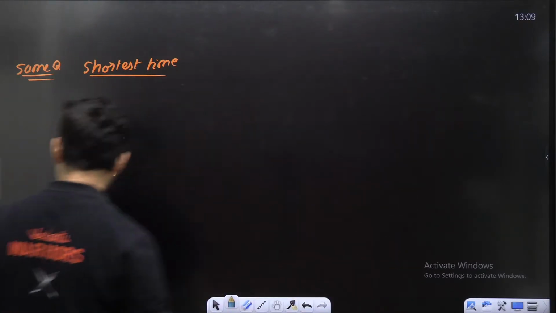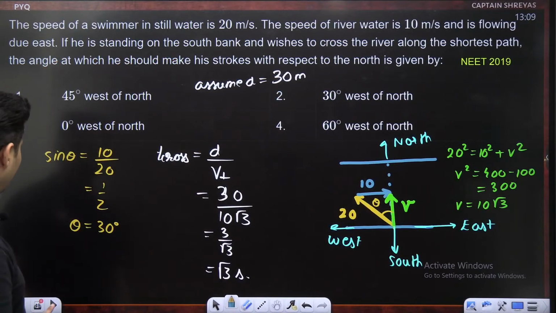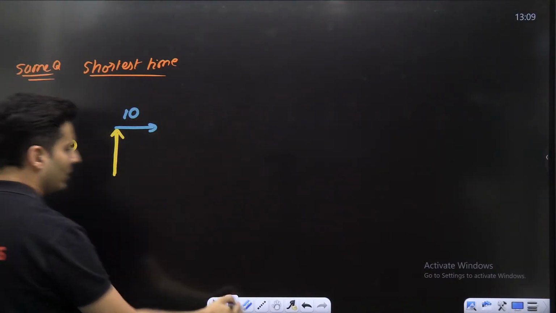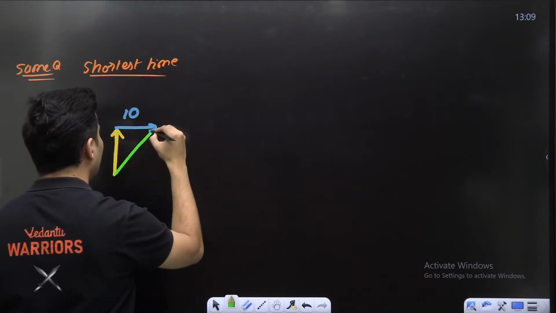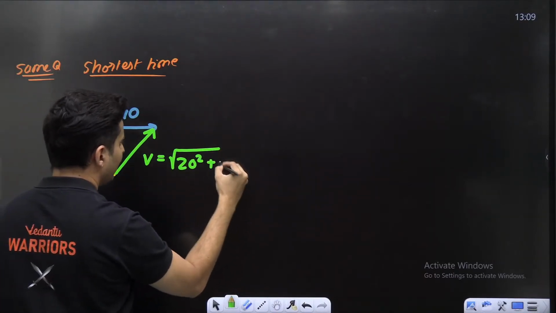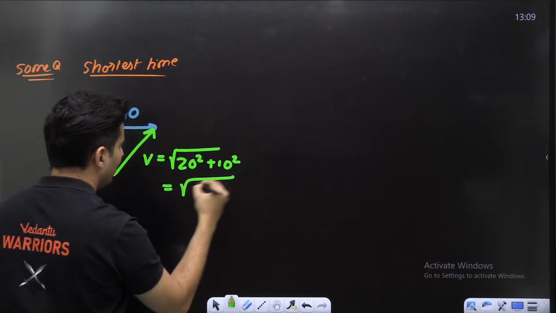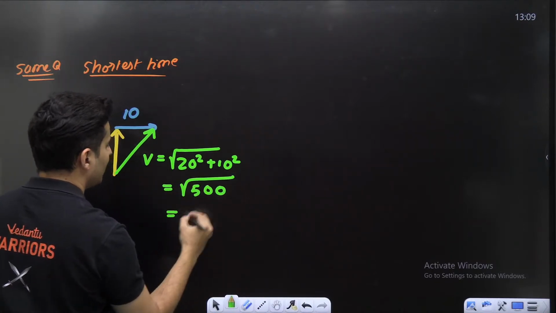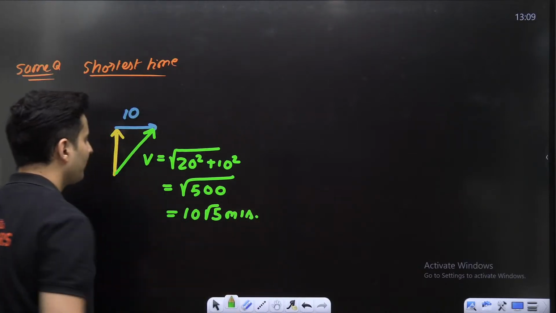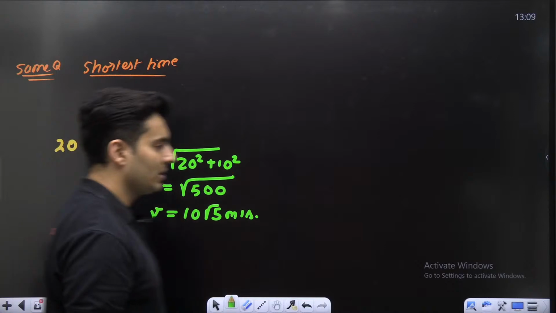River velocity was 10, so it would be directed like this. And your resultant velocity would be over here. That resultant velocity will be root of 20 square plus 10 square, which is 400 plus 100, which is 500, which is basically 10 root 5 meters per second.